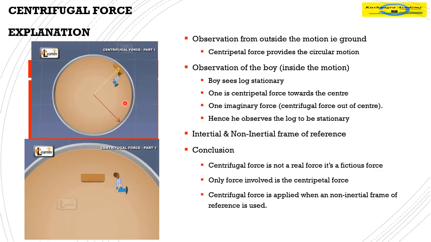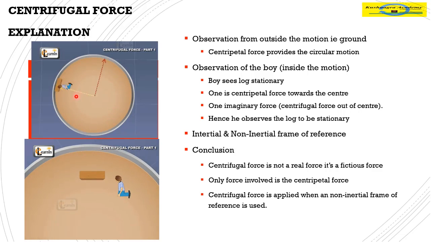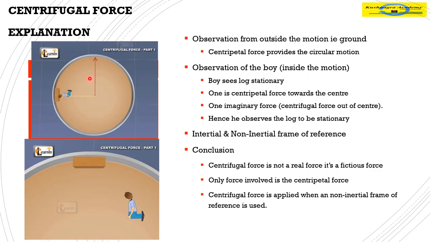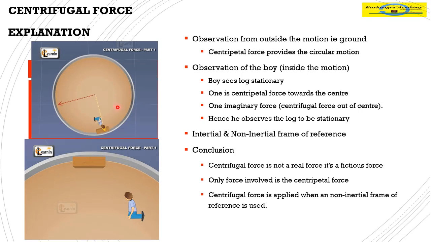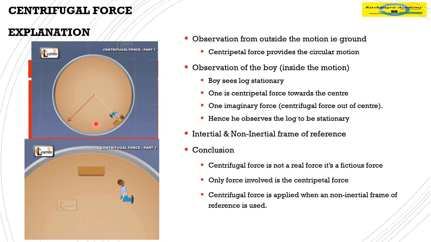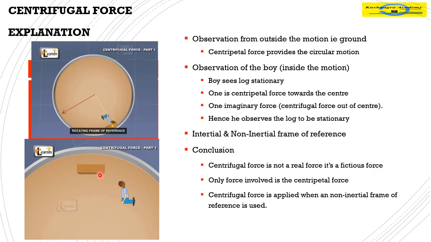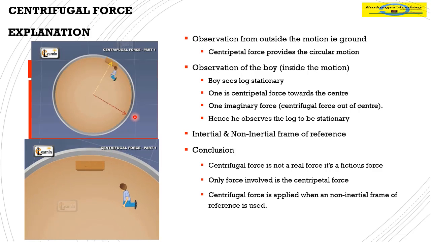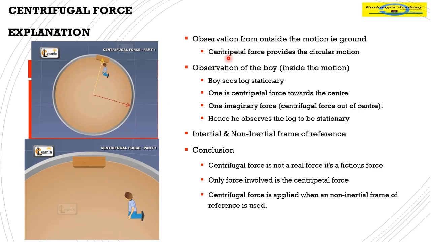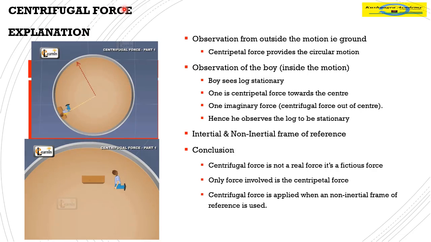And the log is also there, and if the boy observes the log, the boy will say that the log is not moving with respect to me, because the boy is in a non-inertial frame of reference, that means a rotating frame of reference. So a pseudo force is added outwards so that the motion of the log is zero, similar to what we have seen in the earlier slide. This fictitious force is known as centrifugal force.